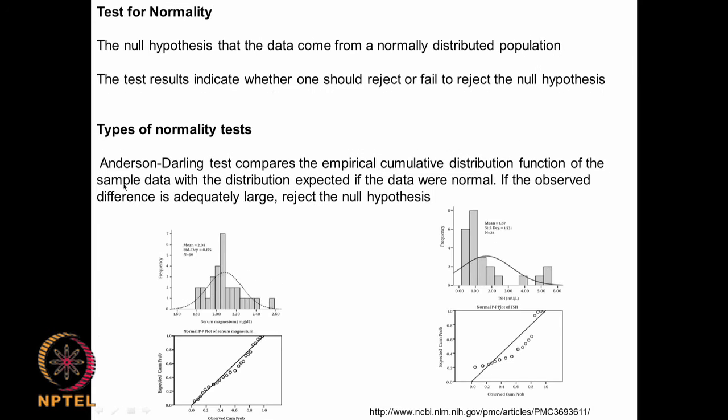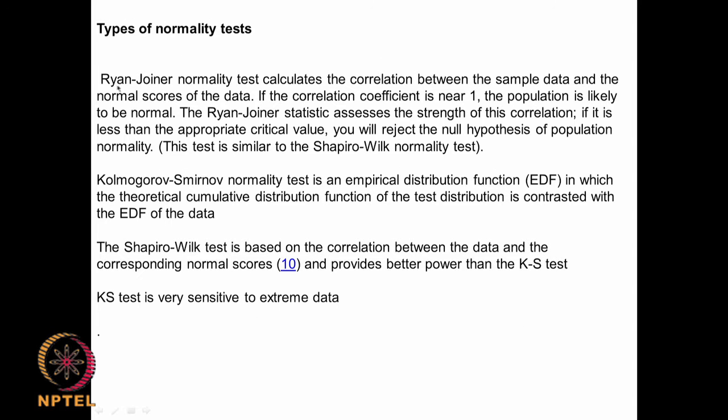Now, in addition to this Anderson-Darling test, there are other tests like the Ryan-Joiner test, the Kolmogorov-Smirnov test, the Shapiro-Wilk test and so on. In the Ryan-Joiner test, what it does is it calculates a correlation between the sample data and the normal data. Sample data could be normal or non-normal, and then if the correlation coefficient is very near 1, then we can say this particular data set comes from a normal population.